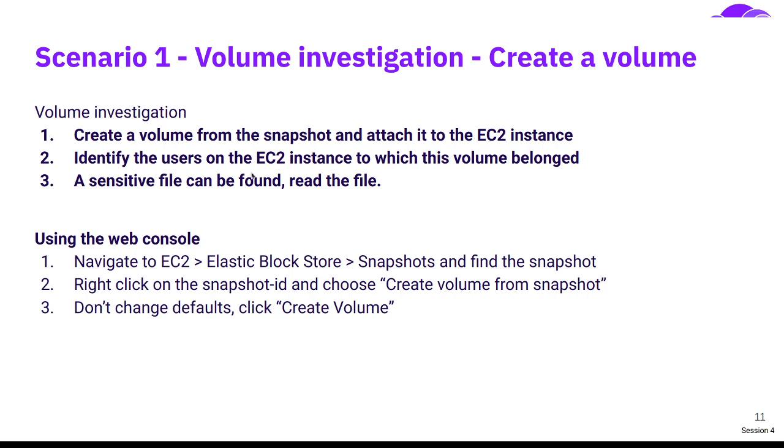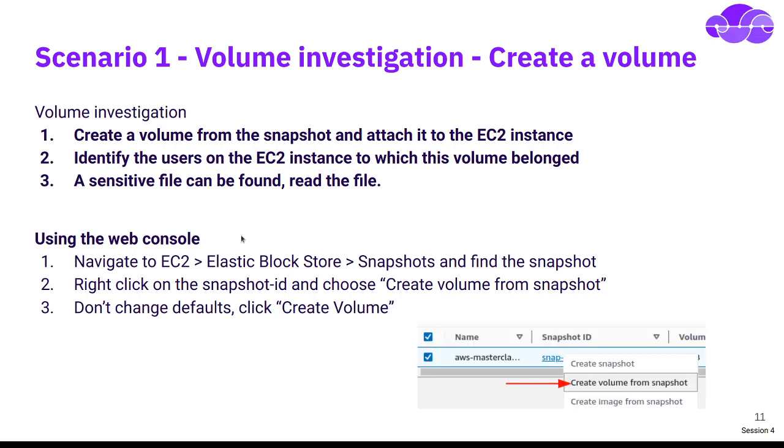What you're going to do now is create a volume out of this snapshot. So do this using the web console. Once you've found the snapshot through the search bar, create a volume from the snapshot. You right click on it and just create a volume. Once you've created it, we are going to attach it to your EC2 instance that you're already SSH'd into.